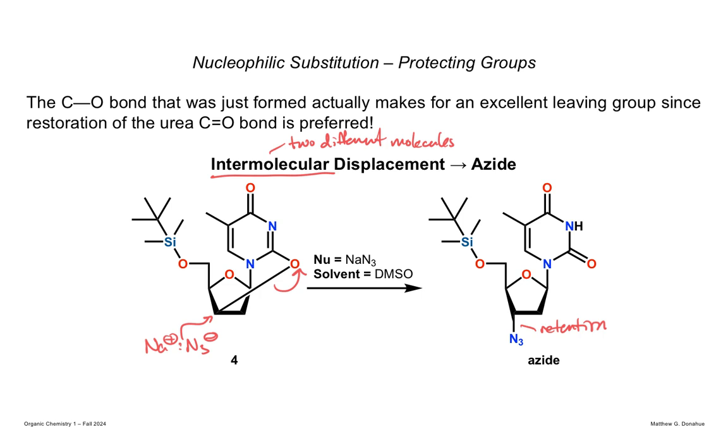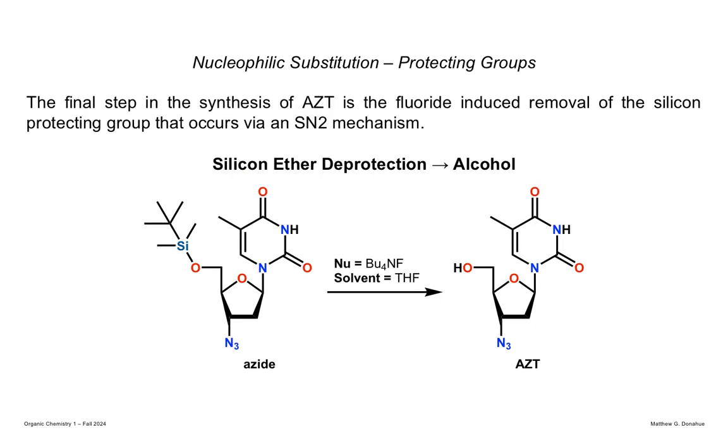The last issue that we have to deal with is now removing that group, and that's called deprotection. So we need to get it back to the alcohol. And this happens through an SN2 reaction.